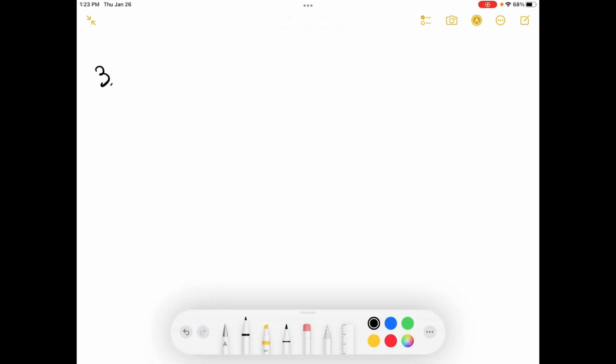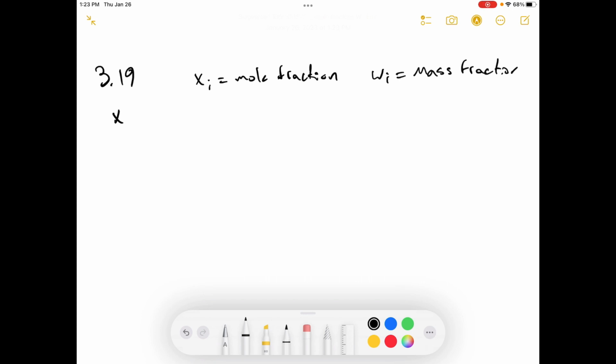Okay, so let's do 3.19. Let's write down what we've got. X is going to be my mole fraction, and W equals my mass fraction.